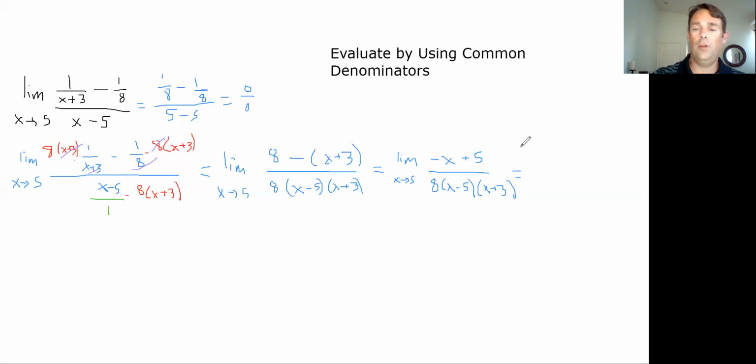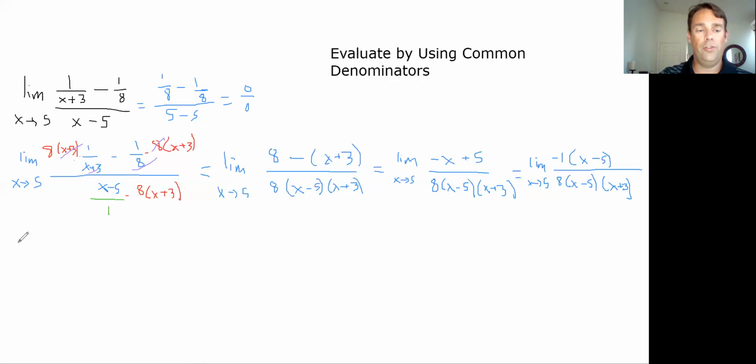And I am not feeling that negative x up there, so I'm going to factor out -1 from it. If I do that, I get a -1 times x minus 5 all over, there's my 8, there's my x minus 5, so those will end up canceling, and my x plus 3.